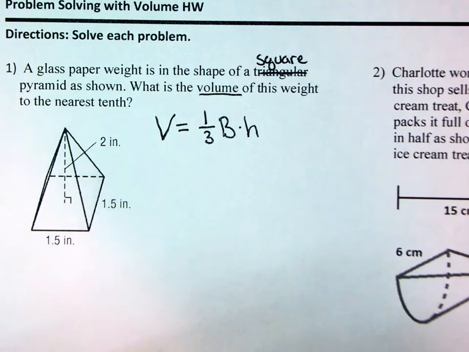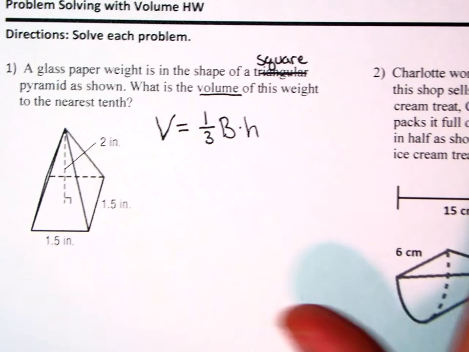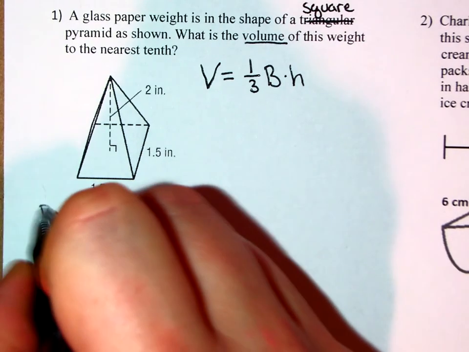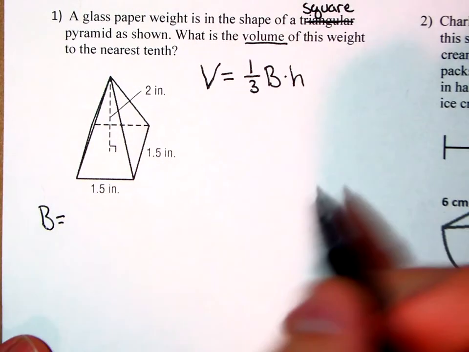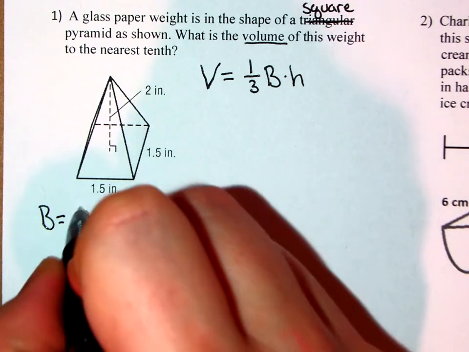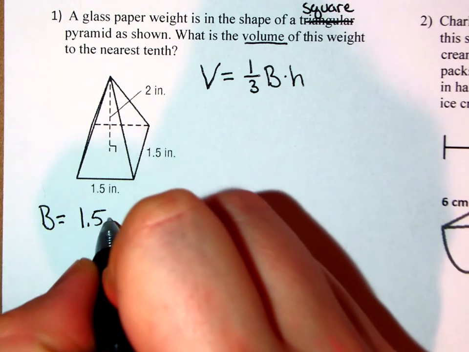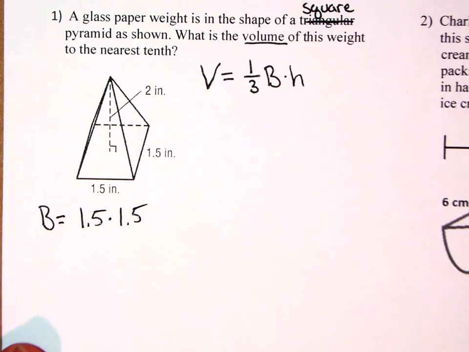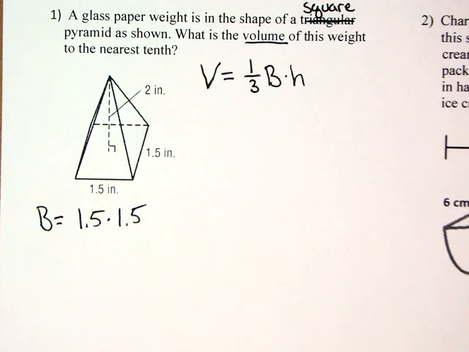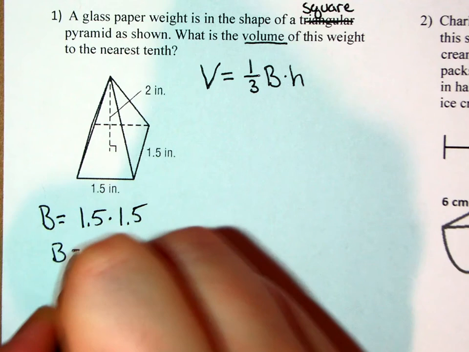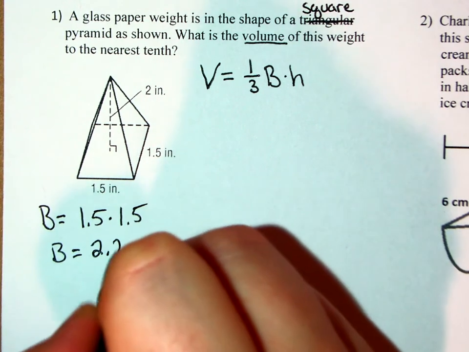And the very first thing I'm going to want to do, I'm going to do it right down here, is find the area of my base. So my base is equal to the area of a square, so 1.5 times 1.5, and that's going to equal, or my B value would be 2.25.